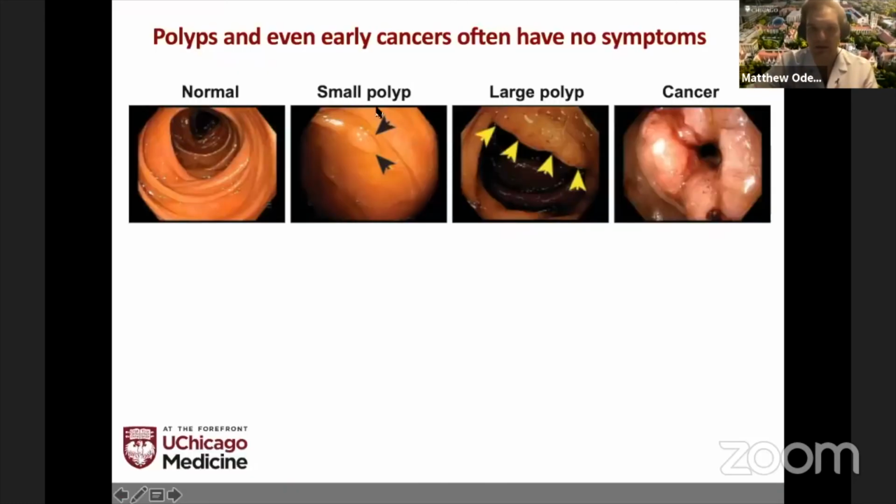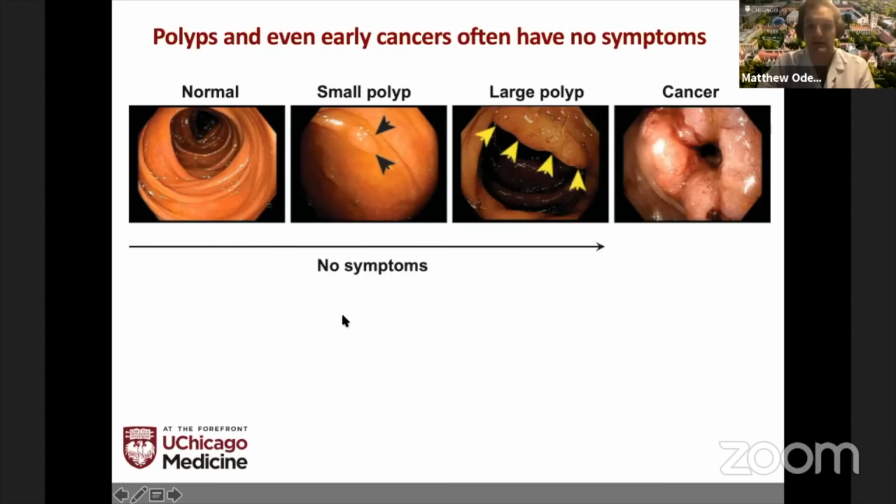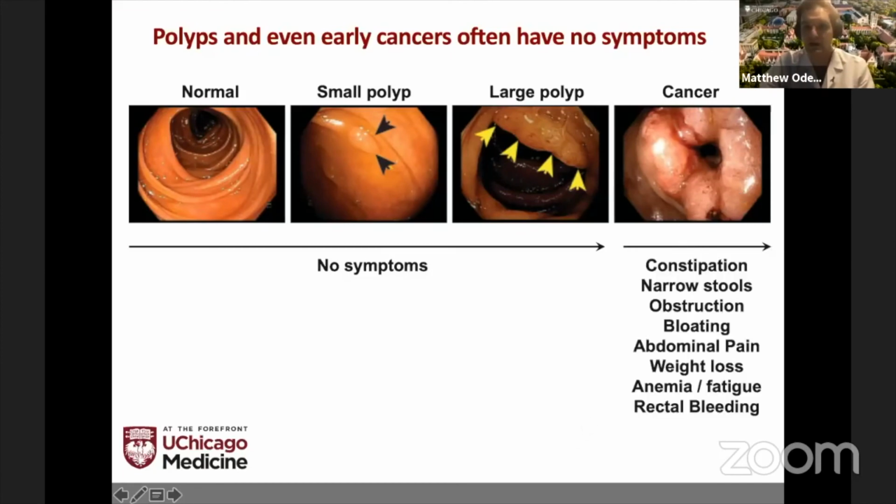So these early lesions, such as polyps and these large polyps, oftentimes don't result in any new symptoms whatsoever. So these can go largely unknown by patients, and that's why we really recommend screening everybody regardless of any symptoms. And then colon cancer itself, if it's an early cancer, that can often be no symptoms either. It's usually the later stage cancers.